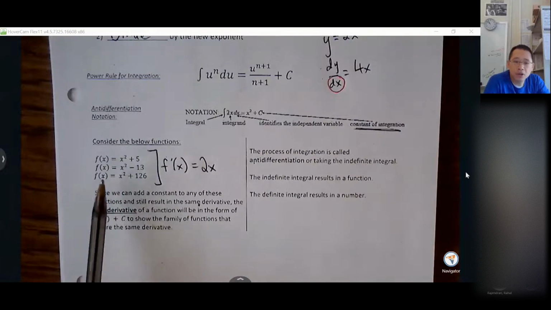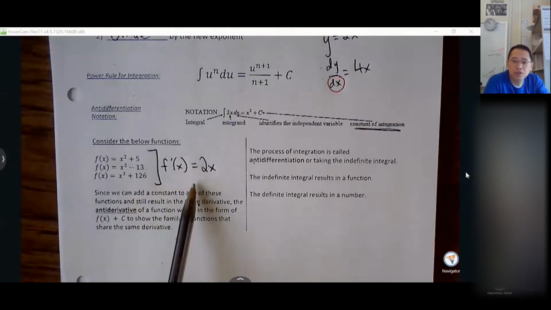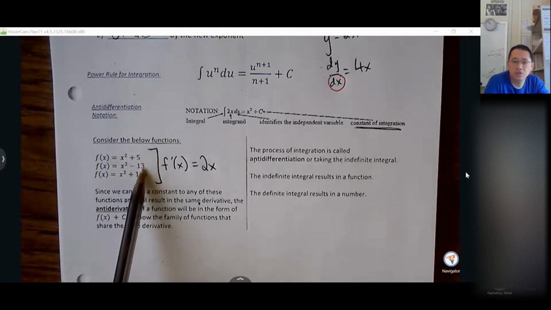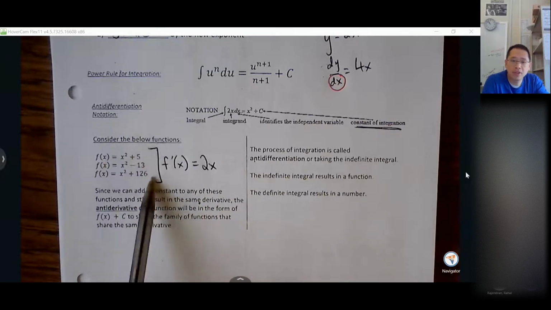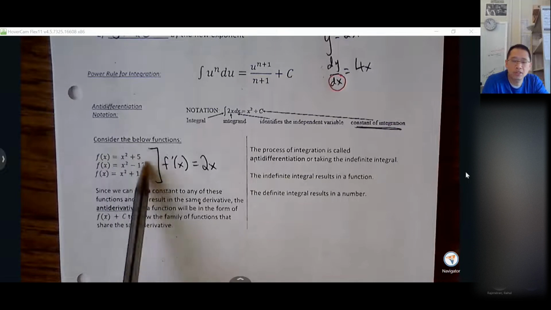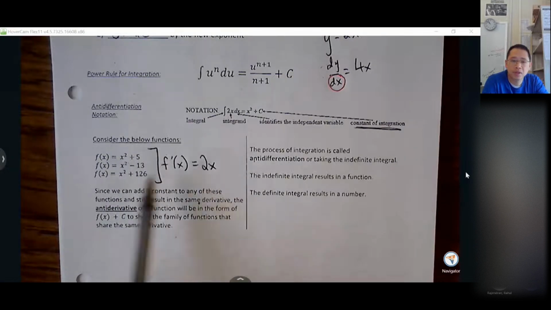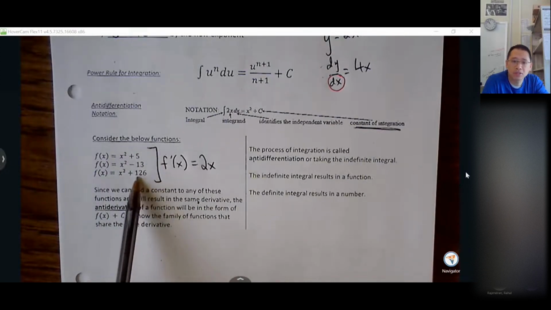Even though these are all different functions, they're all producing the same derivative. We know why: it's only the x squared that's dictating the derivative. The constant will just fall away. But the big idea here is that we have infinitely many functions that all share the same derivative, within a certain family of functions.